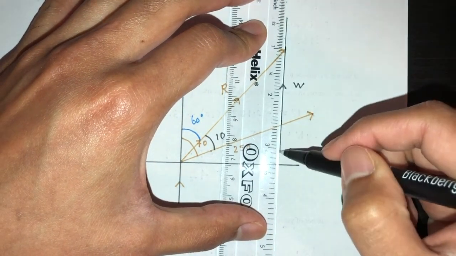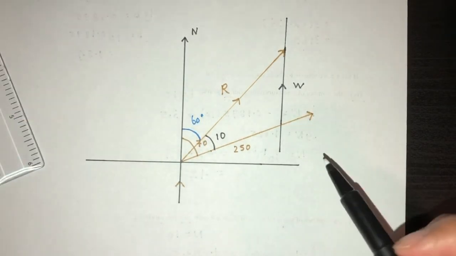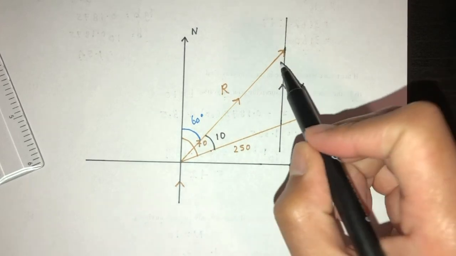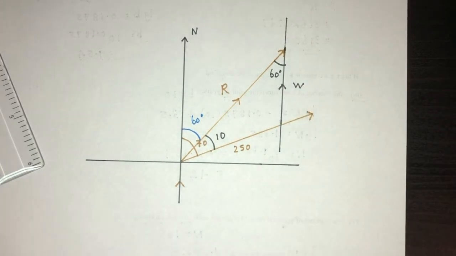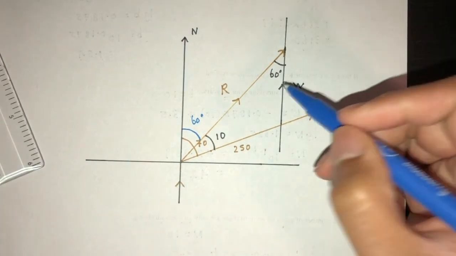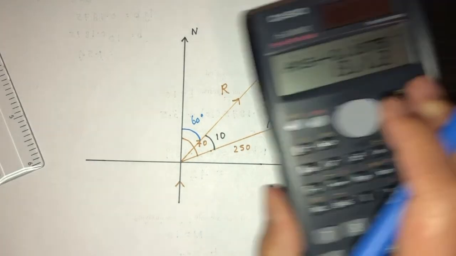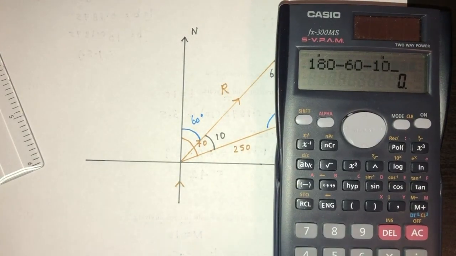Let's see what we can derive from those two, because these two are parallel with each other. So if this is 60, this also has to be 60, right? Now because of that, if you know 60, 10, this has to be 180 minus 60 minus 10. That will be 110.